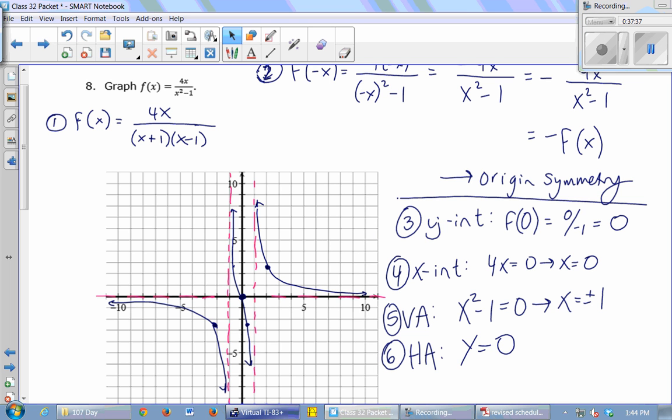So you might ask, why do we bother graphing these things by hand when we can throw it in the graphing calculator and have the graph in 2 seconds? One of the main reasons is to force you to think about the horizontal asymptote, right? Thinking about what happens when x gets really, really big and really small, to the right and to the left, thinking about end behavior, and thinking about the behavior near the vertical asymptote, right?